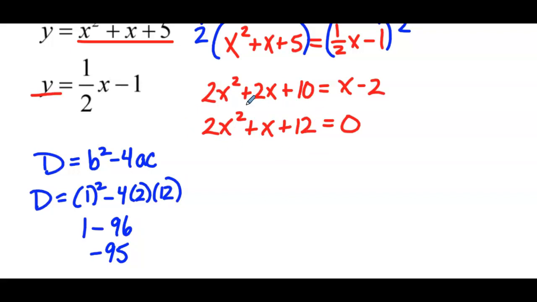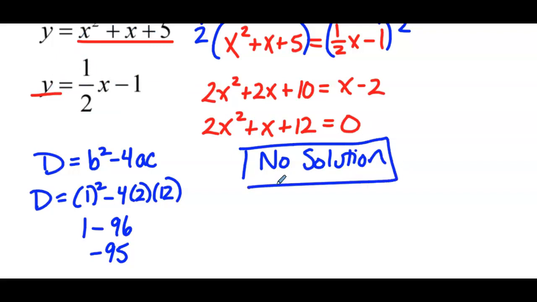And if this isn't factorable, or we can't even use the quadratic formula because it's negative, that means that there's going to be no solution. Okay, so there's no solution to this equation, which means that there's no solution to our system of equations. Okay, so let's run that through again. We found the discriminant, we got a negative number.